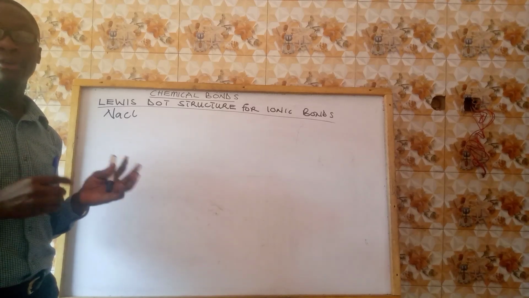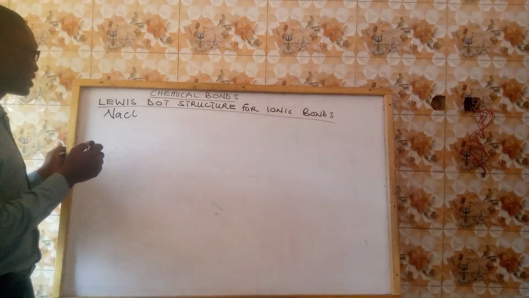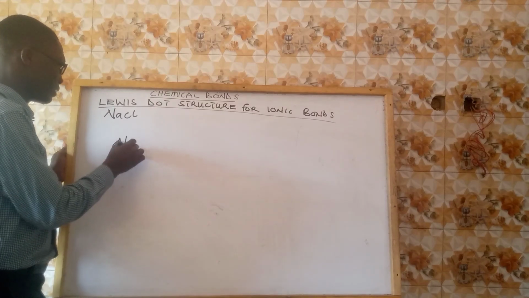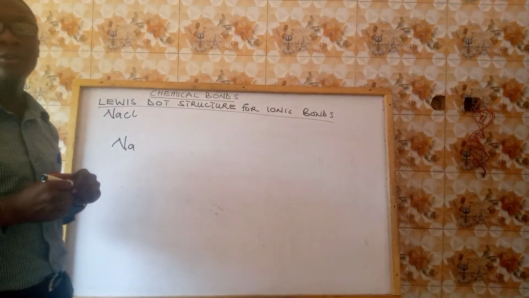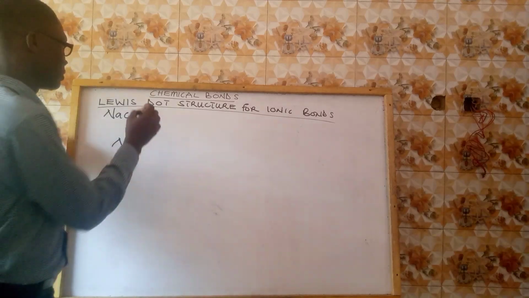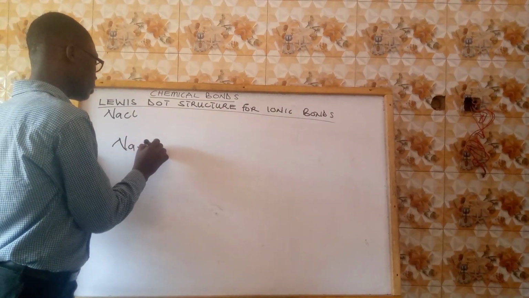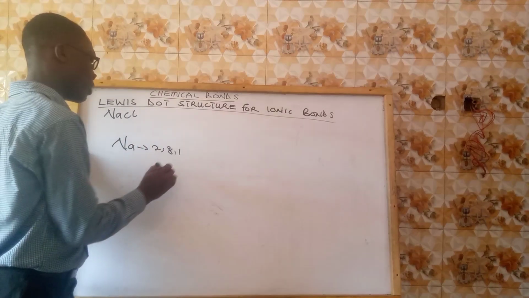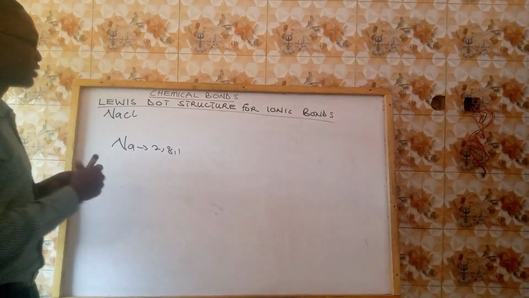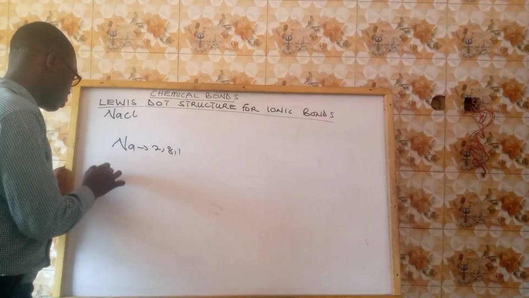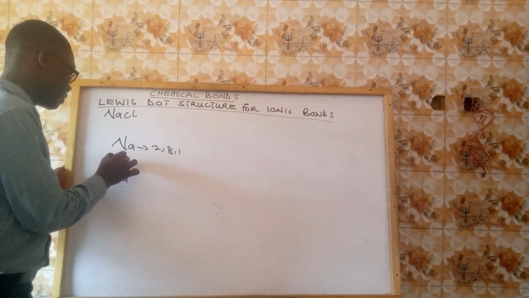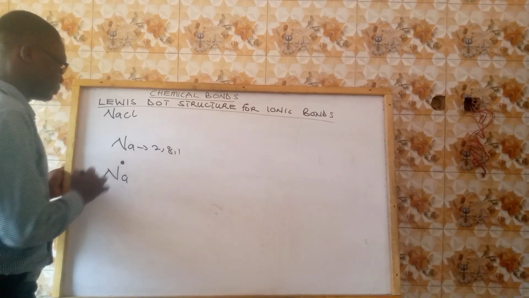They are the ones that are used for bonding, so we just write the last electrons. We have sodium here. The configuration for sodium is 2, 8, 1, so it has just 1 electron in the last shell. So we write sodium with just 1 electron.